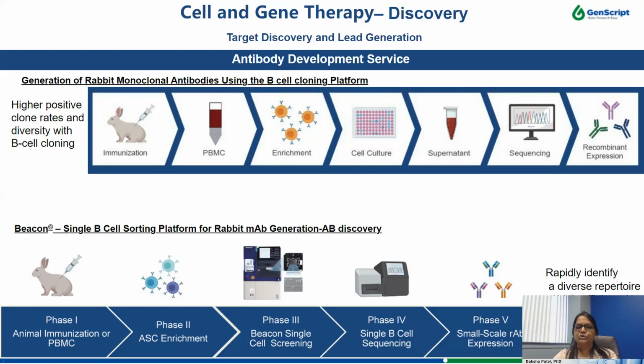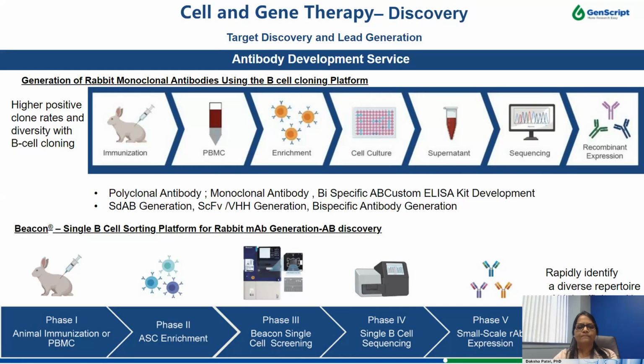And it's also used for customized development and therapeutic discovery. And these two platforms can make different kinds of antibody, including polyclonal antibody, monoclonal antibody, scFv generation, and VHH generation, as well as bispecific antibody generation.